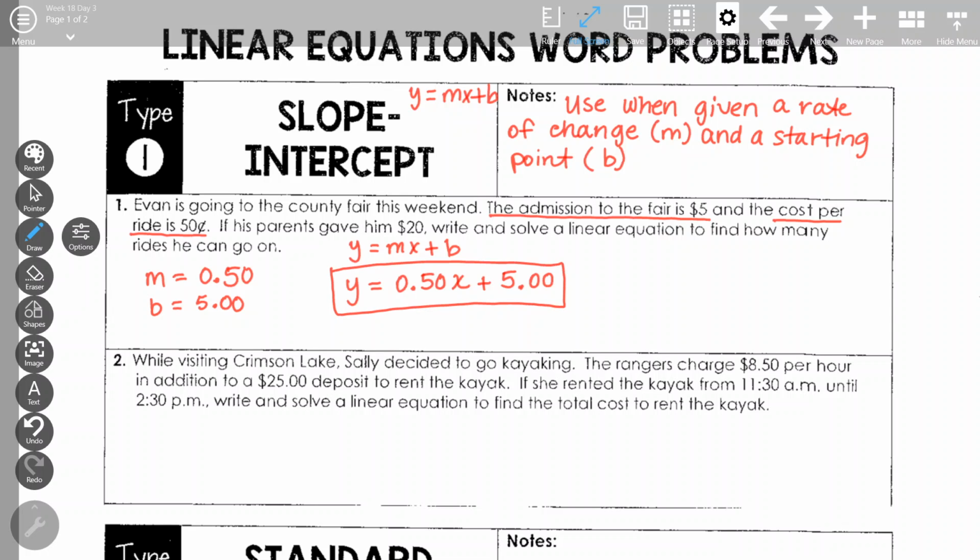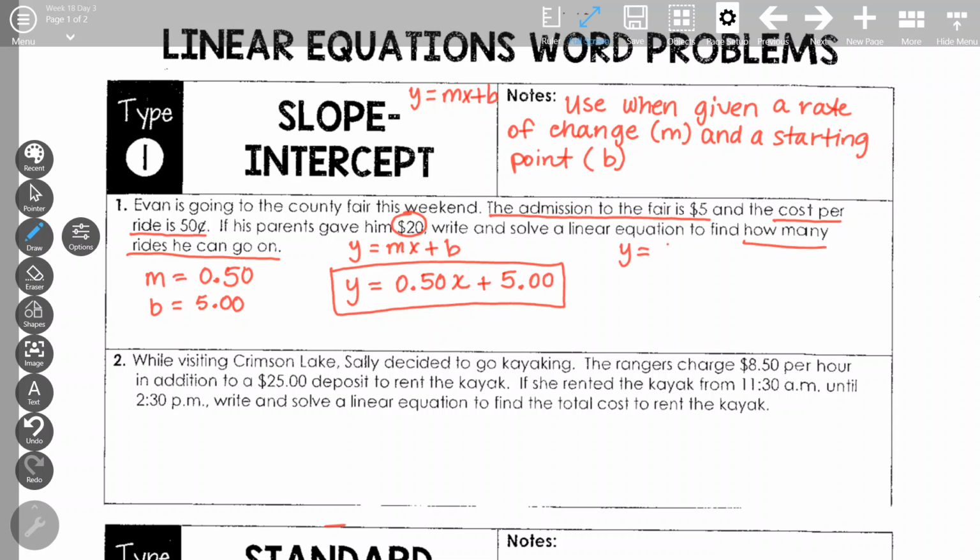Now to solve it, it says if his parents gave him $20, right? So this is really important information: he is given $20, how many rides can he go on? So we're going to take the $20, that's the amount he's given, so that's our y.